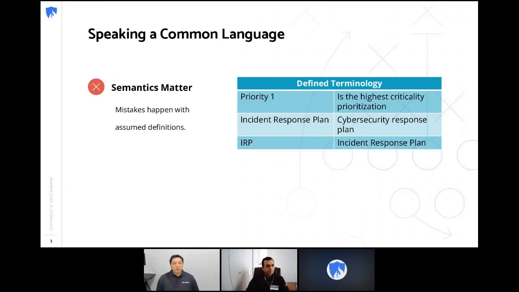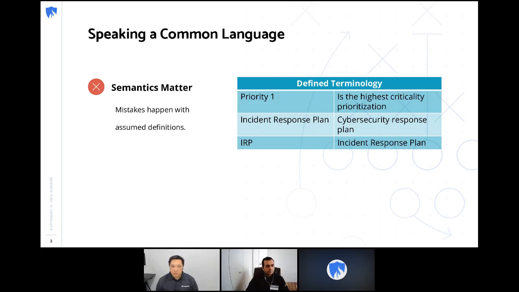So I want to start off with some definitions, that way we're all speaking a common language. When I develop incident response plans for our customers, one of the biggest challenges is prioritization and categorization of incidents. Some organizations do priority 1 through 4. Some organizations do categories 1 through 9 or 9 through 1.